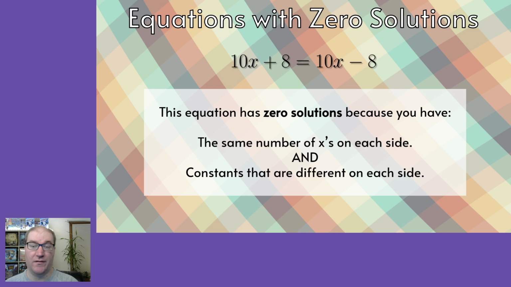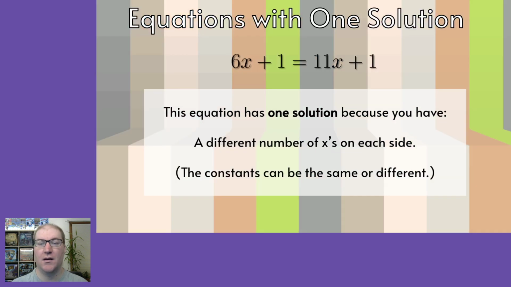So remember, if the variables are the same but the constants are different, then that means it has 0 solutions. And finally, here's another example with 1 solution. If you look, the variables are different. Doesn't matter what the constants are doing. If the variables are different on each side, then it has 1 solution.